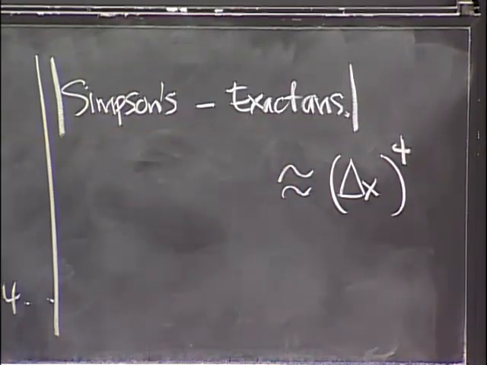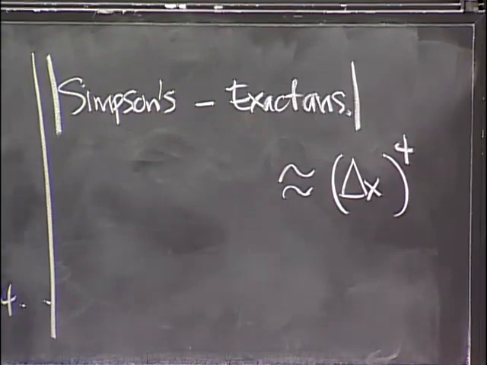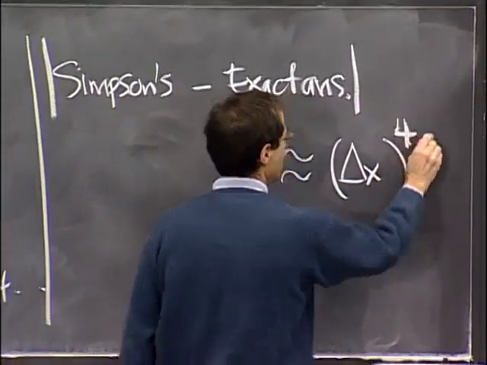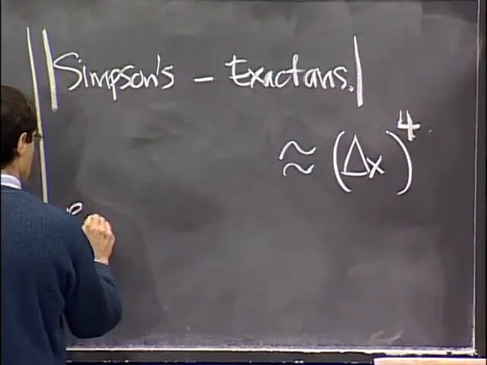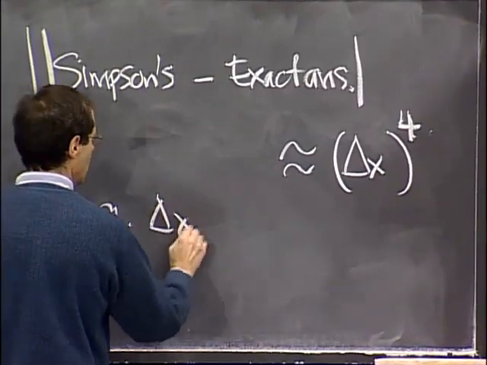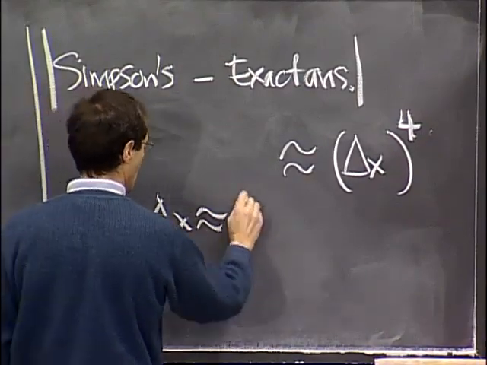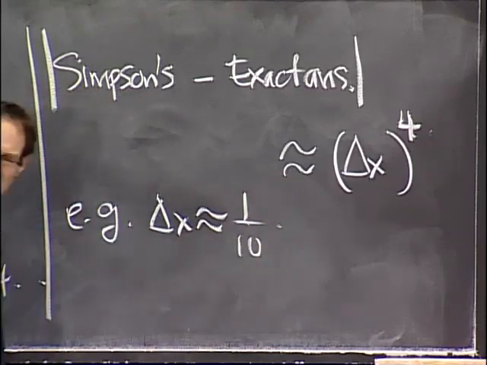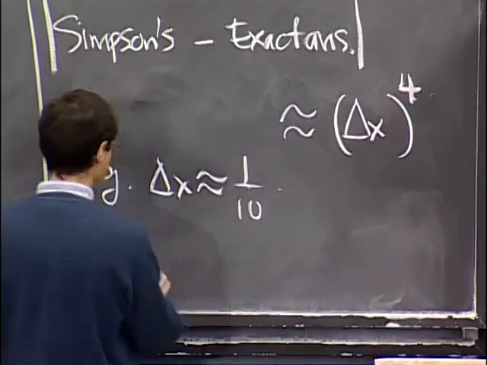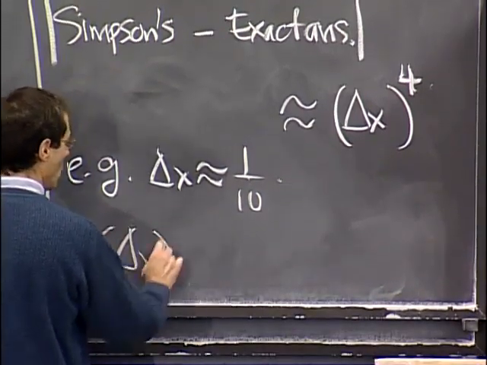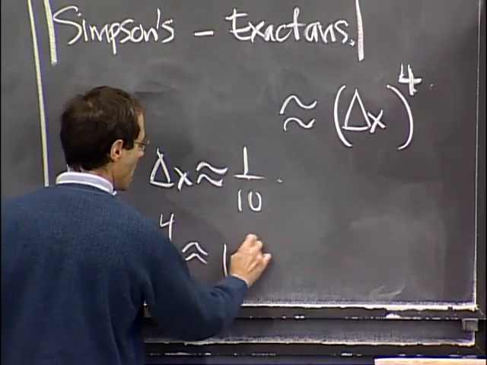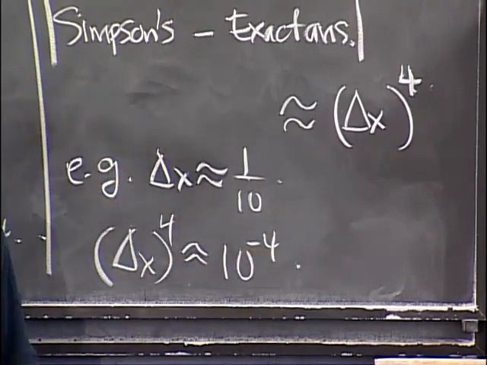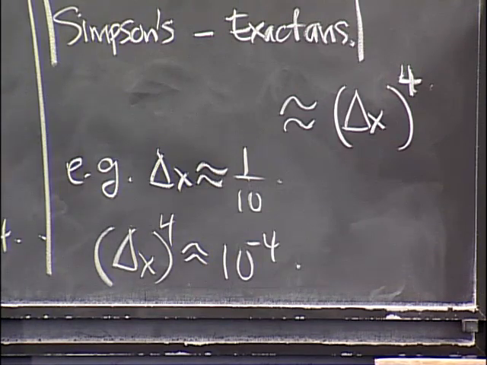That's really the way it behaves, which means that if delta x is about a 10th, so if we had divided this up into 10 intervals, which we didn't, then you could expect that the error would be about 10 to the minus 4th. In other words, 4 digits of accuracy here for this thing.